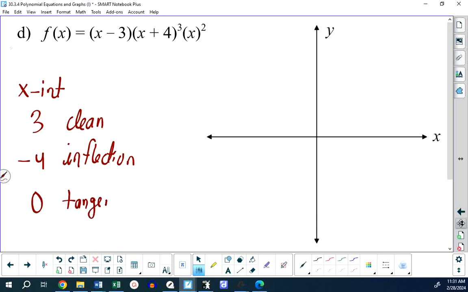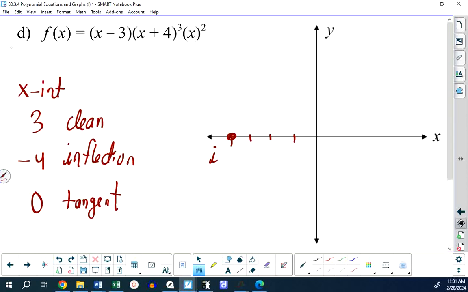And I'm not setting you up for failure here. I've taught you everything you need to know, almost. In other words, there's no tricks here. What we learned about degree 2 and degree 3 are the same. So an x-intercept of -4, and it is going to be an inflection point. I just do that so I can keep track of things.